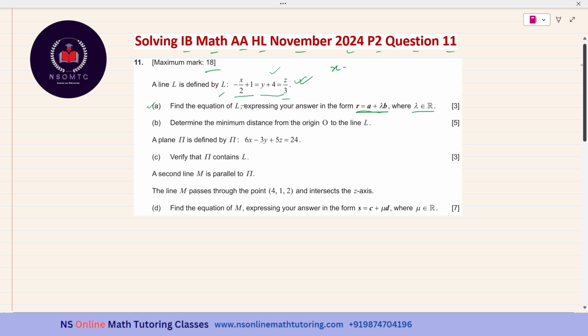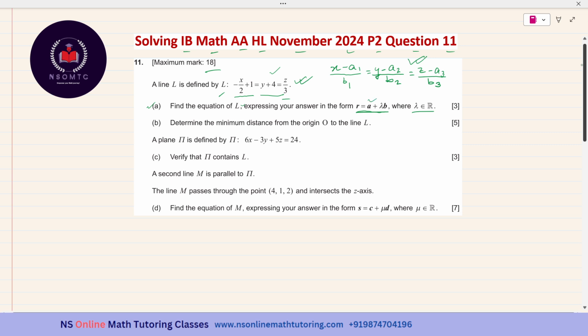So it is x minus a1 over b1, equal to y minus a2 over b2, equal to z minus a3 over b3. a1, a2, a3, b1, b2, b3, these are all real numbers. This is the format for the Cartesian equation of any line.